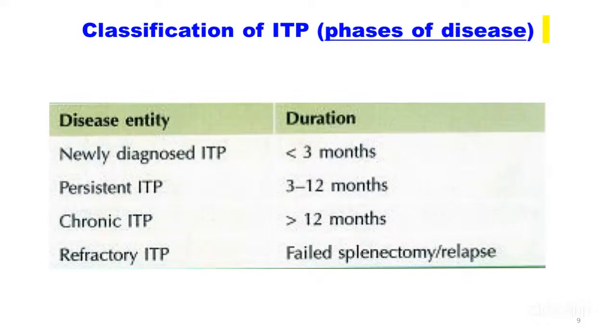Persistent ITP is when it is 3 to 12 months. Chronic ITP is when it is more than 12 months. Refractory ITP means there is a failure of medical therapy, or even after splenectomy, there is relapse. I'll touch upon every aspect of this and their management.